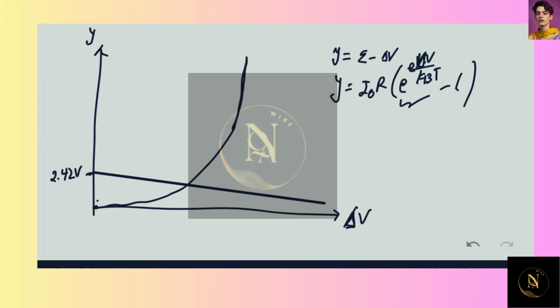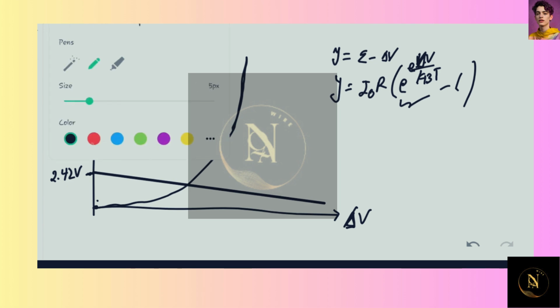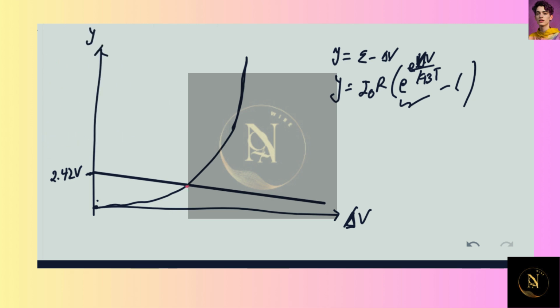You should plot this in your graphing calculator, and using it you should be able to identify the intersection point. This is the intersection point where these two curves agree, that is when epsilon minus delta V equals I naught R times this exponential. And this is how we solve for this equation numerically for delta V.